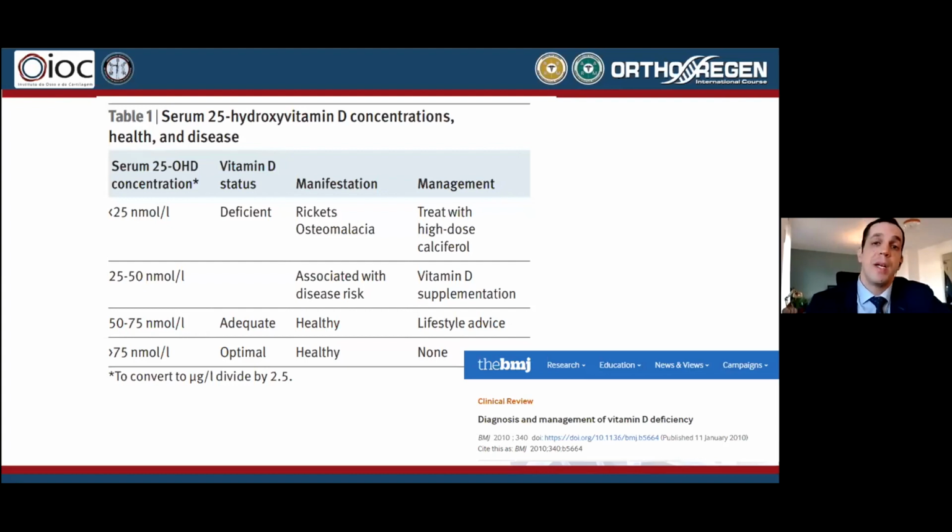Especially in Brazil, a country where we have a lot of sun, we need the sun to react with the dehydrocholesterol in our skin to start the production of vitamin D in our body. But even with this good quality sun, we don't have a lot of vitamin D in our population. We can see a lot of vitamin D deficiency.